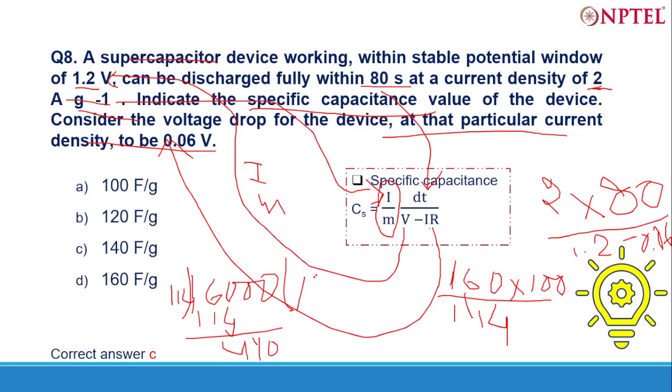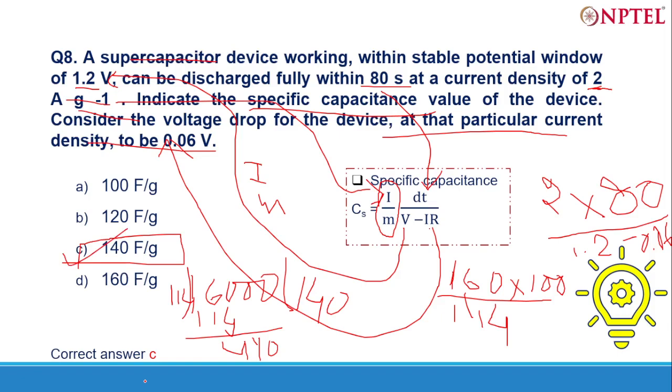So it will be something around 140 farads per gram. Why per gram? Because it is asking about specific capacitance, so the answer is in farad per gram. The correct answer is option C.